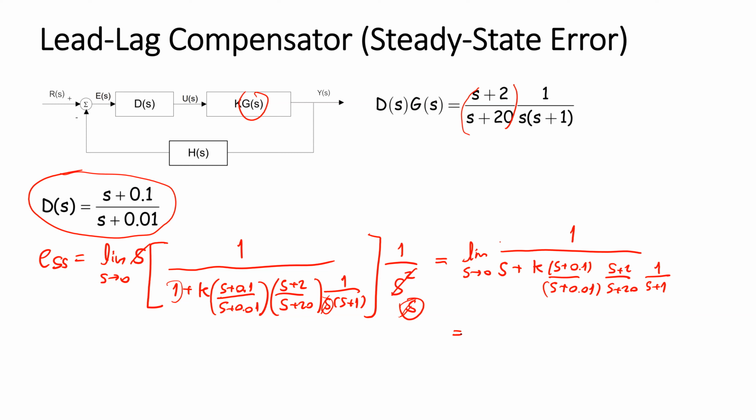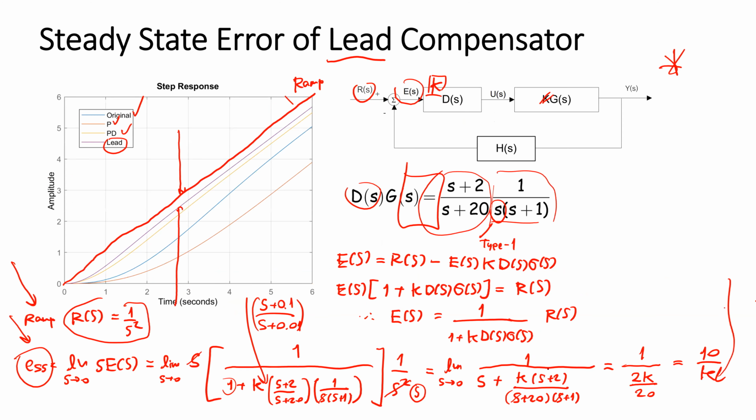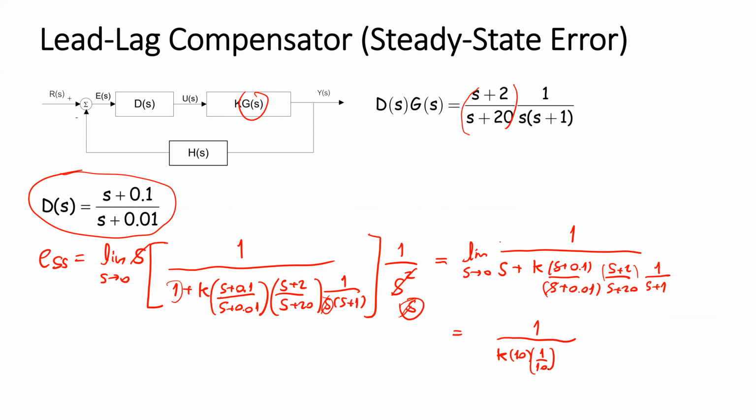When S equals 0, we have K and 10 times 1 per 10, 1 per 10 and 1.